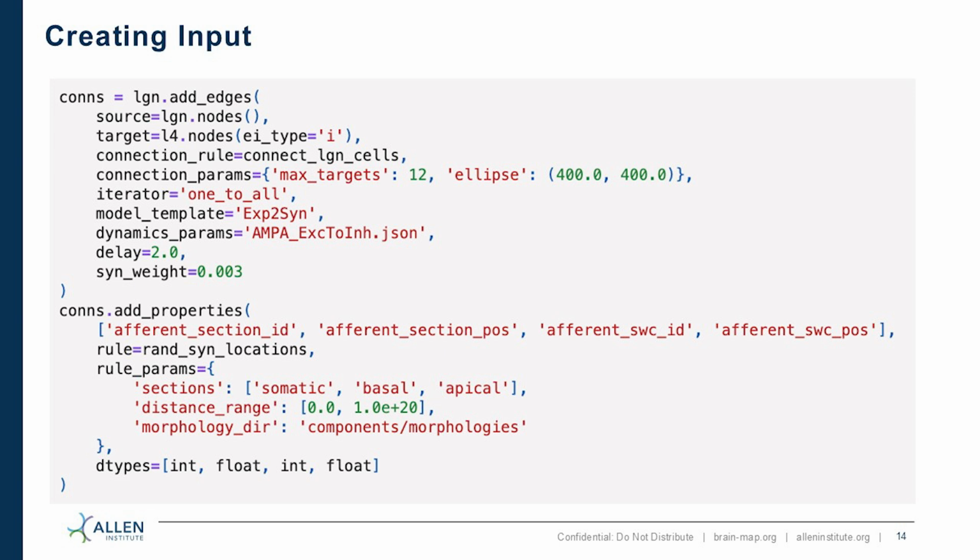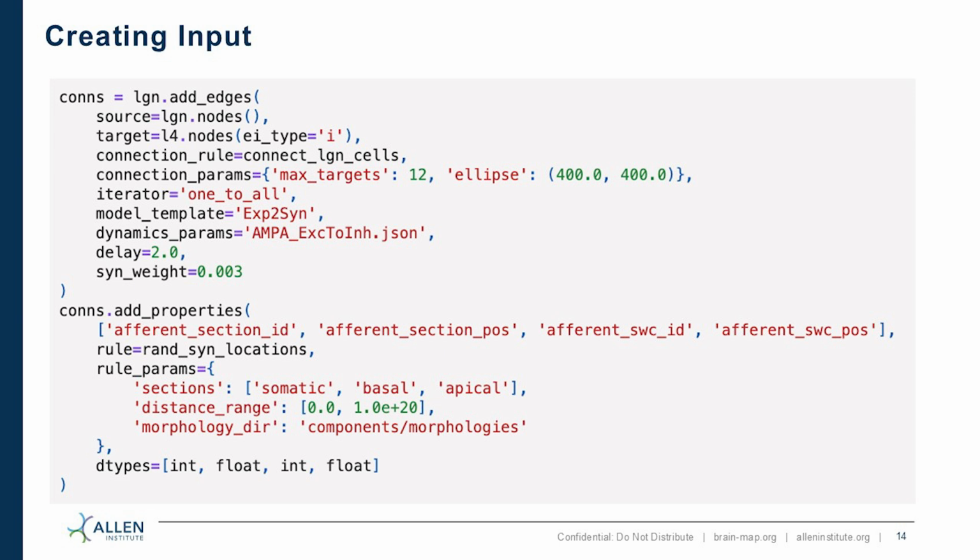So what's happening here is that each of the LGN cells is going to be considered in turn, and our connection rule that we define is going to return a list with length equal to the number of cortical cells in our model, 80.